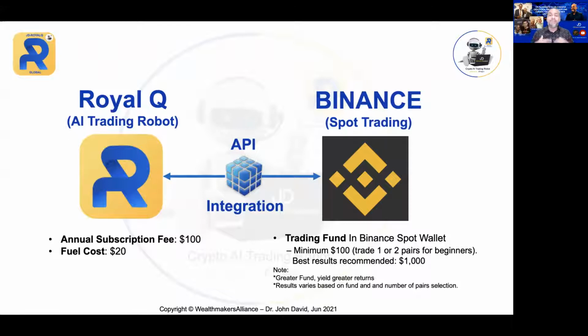If you ask me for the best result, I will recommend you put in $1,000, so you can trade more pairs. Please understand, the greater your fund, the greater your yield or returns will be. The result actually varies based on the fund, the number of pairs you select, and also the wallet management strategy, which I will go through with you one by one.